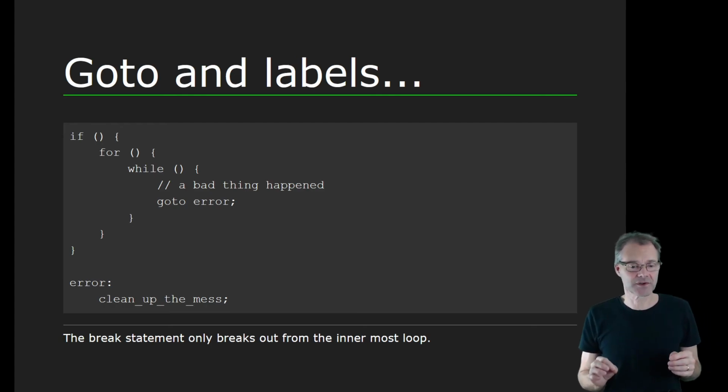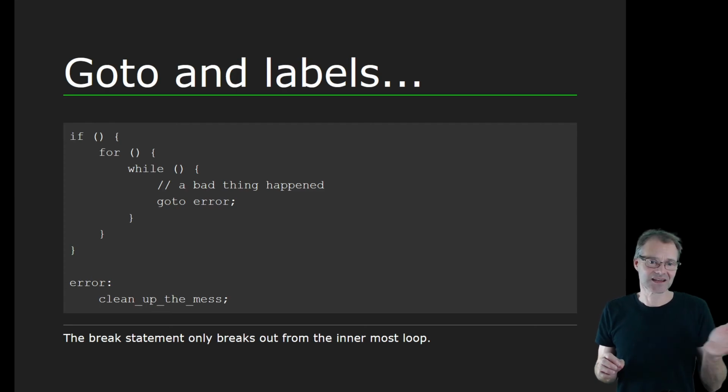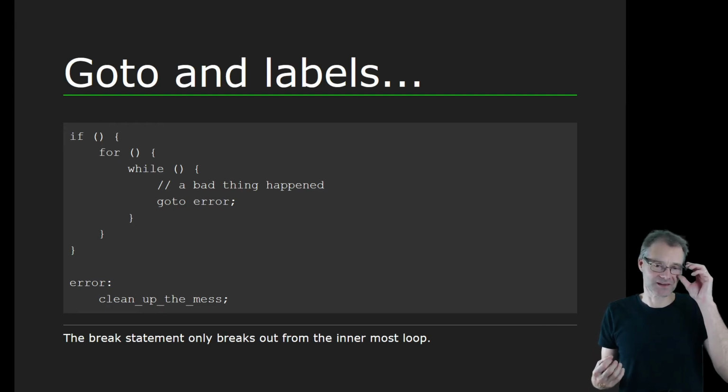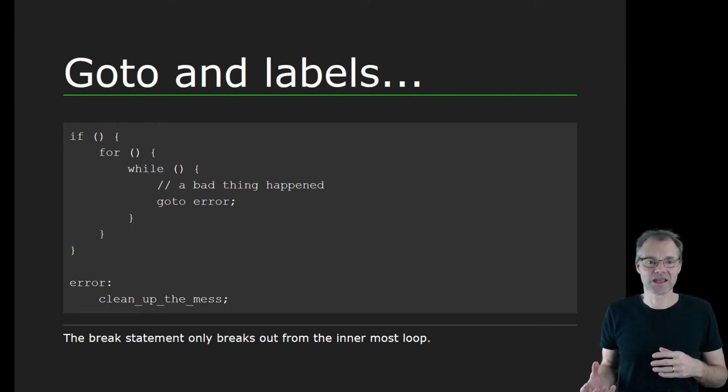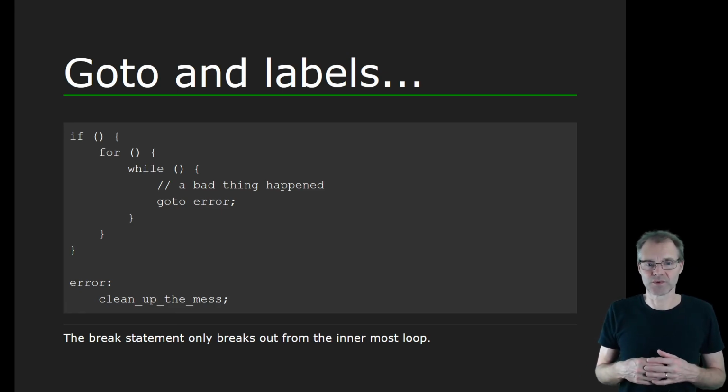Here is an example of where we are using Goto and label. So this is a nested loop on three levels, and let's say that something bad is happening in the inner loop there, and there is really no way that we could leave this loop with a break statement.